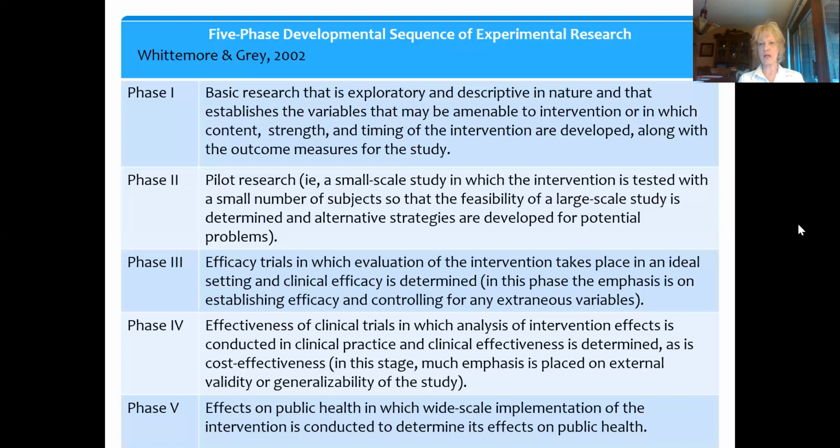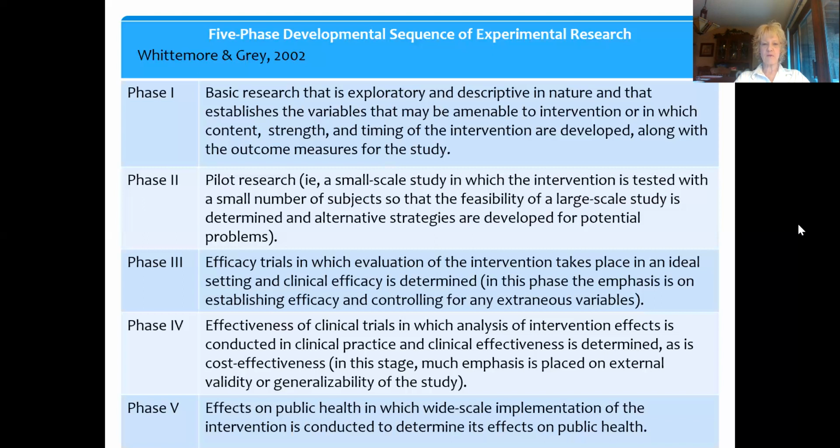Will it work in the real community setting? And you really want to know if it's going to be conducted in clinical practice, will it still be effective? And is it cost effective? So in this stage, you really emphasize external validity and generalizability. Is it going to work in the real world setting?